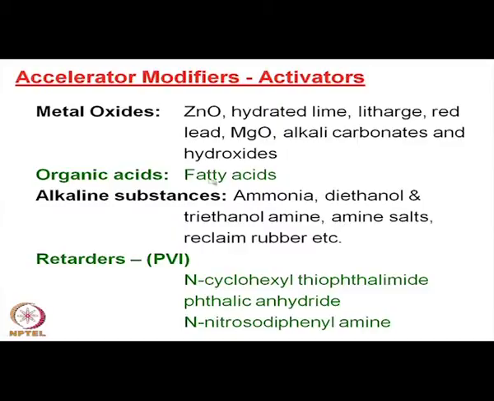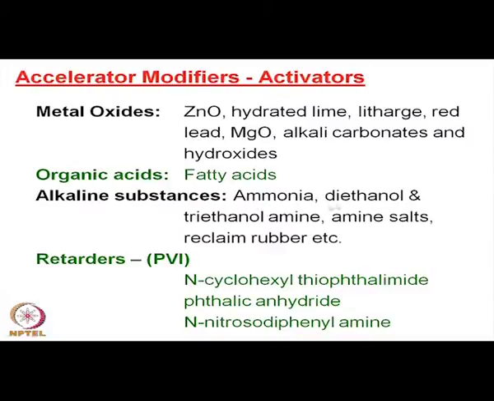Although organic acids are used, since they form a salt with the metal oxide, they cannot decrease the pH, because they cannot ionize. So in order to increase the curing rate, vulcanization rate, alkaline substances are preferable.